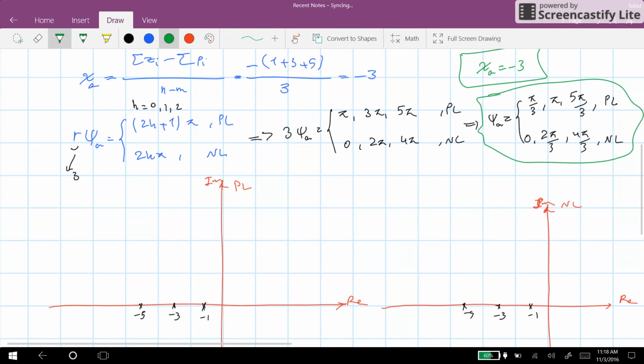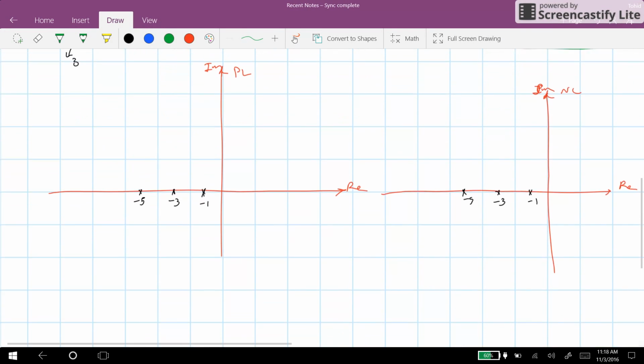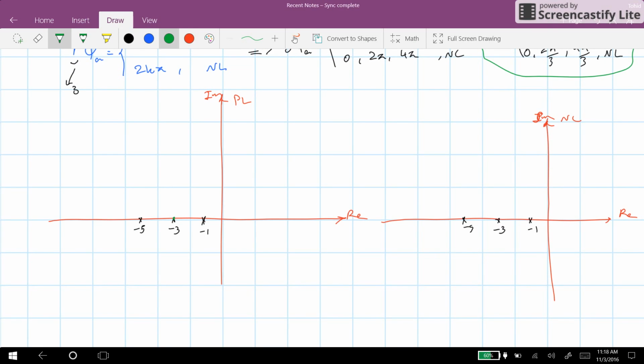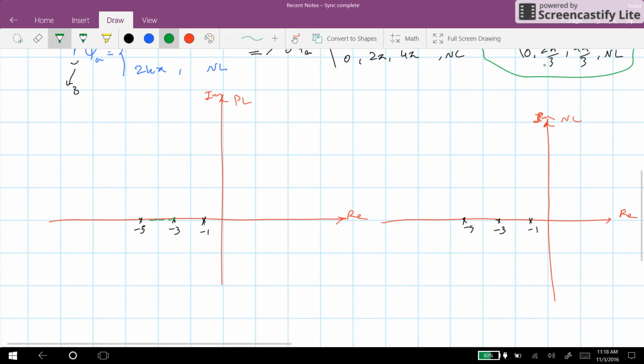To draw the asymptotes, we need the point of abscissa, which is -3. It's here. For the positive locus, we have pi over 3, pi, and 5 pi over 3. So this is what we have for pi, and pi over 3, which is 60 degrees, could be something like this.